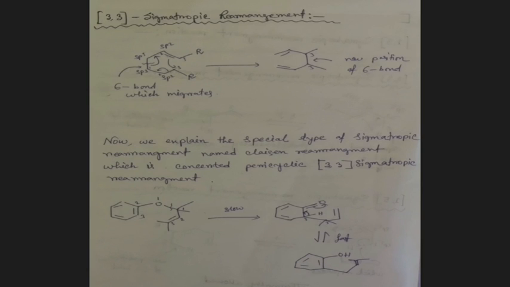Similarly, in the next molecule the sp3 carbon is numbered 1, 1, then 2, 3 on two sides. Finally, the sigma bond migrates and a new bond forms between the number 3 carbon and the number 3 carbon. So this is a 3,3 sigmatropic rearrangement. These are the various types of sigmatropic rearrangement.